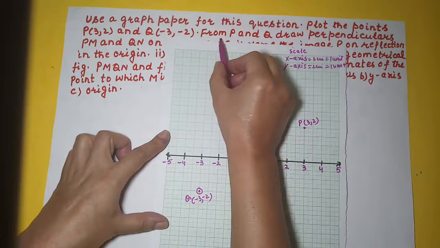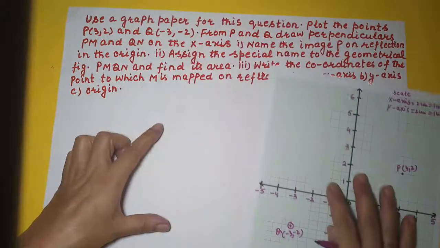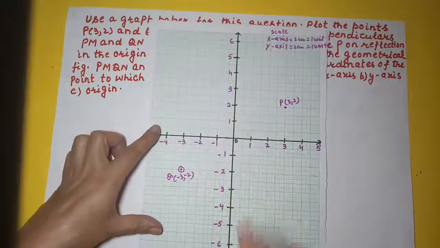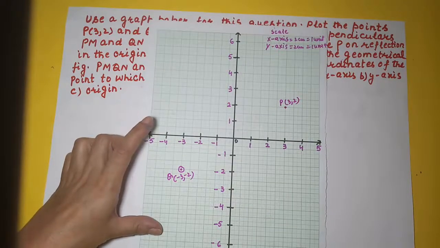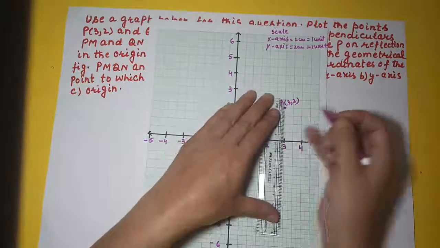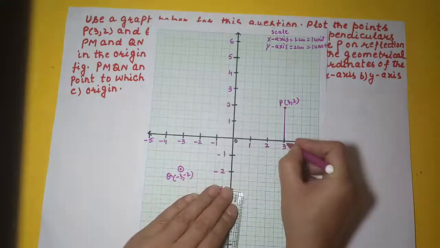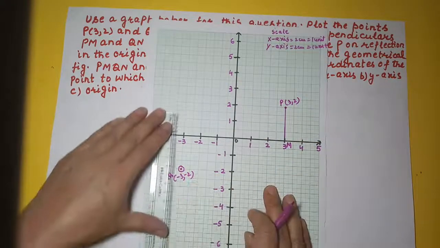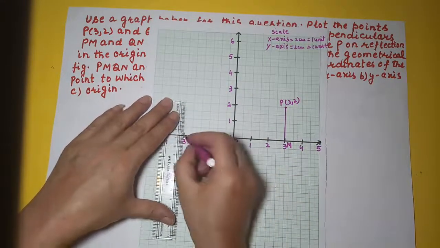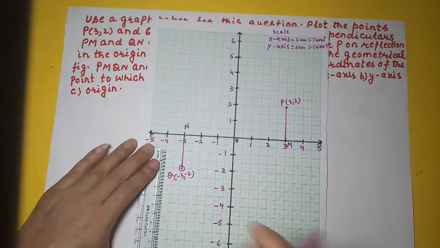Now he is saying that from P and Q, draw perpendiculars PM and QN on the x-axis. So what I will do now is, I will draw a perpendicular from P to x-axis like this and name it M. And from Q, I'll draw a perpendicular to x-axis and I will name it as N, right?